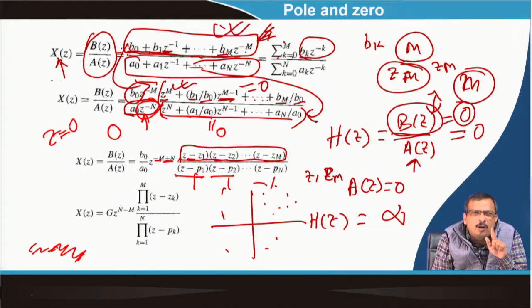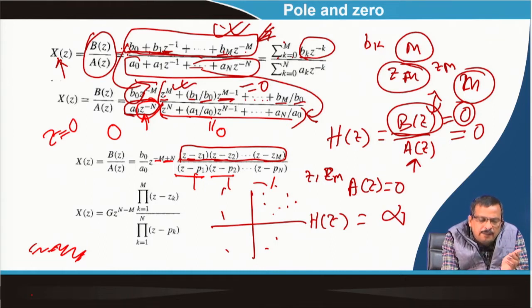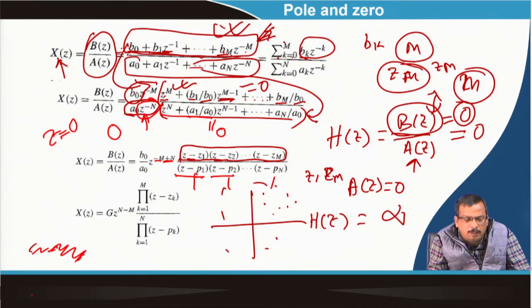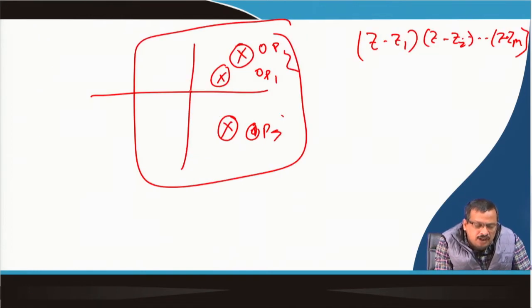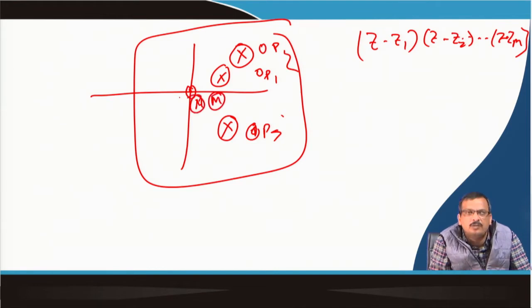So, n number of poles at the origin and m number of zeros at the origin. So, when I go to the plot, I can say at the origin there are n number of poles and m number of zeros.